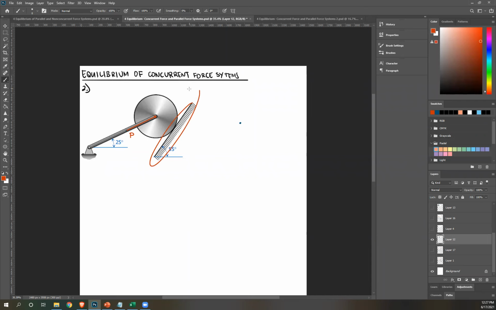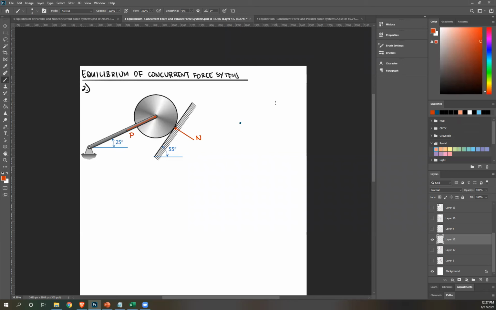And whenever two surfaces are in contact, we have what we call your normal force. And normal force is always perpendicular to the surface. And that's why the question called this N, because it's a normal force.